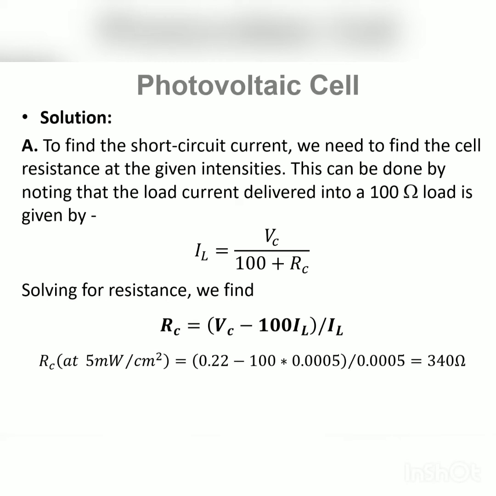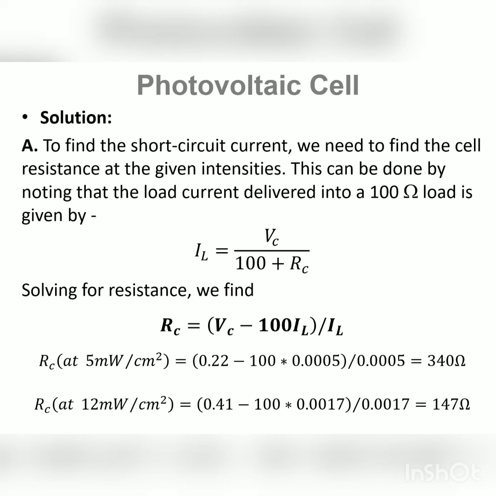So the value of Rc at two different light intensities can be found. Rc at 5 milliwatt per centimeter square intensity is equal to 0.22 minus 100 into 0.0005, whole divided by 0.0005, which is equal to 340 ohms. Similarly, the value of Rc at the light intensity of 12 milliwatt per centimeter square is 147 ohms.